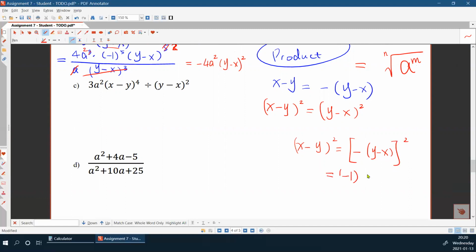Which is minus 1 to the second power times (y minus x) to the second power, which is (y minus x) to the second power, right? So you can also write this result to this one. Both of them are equal. Both of them are right, okay? Any questions?